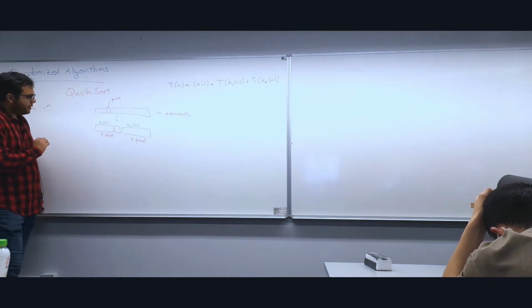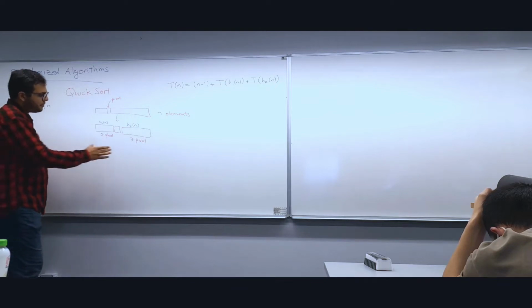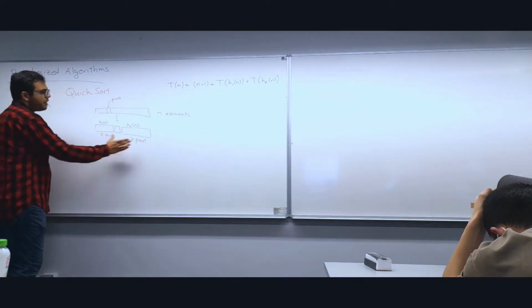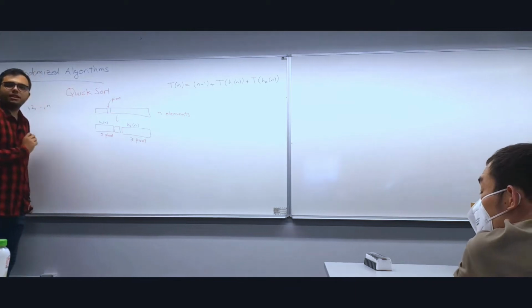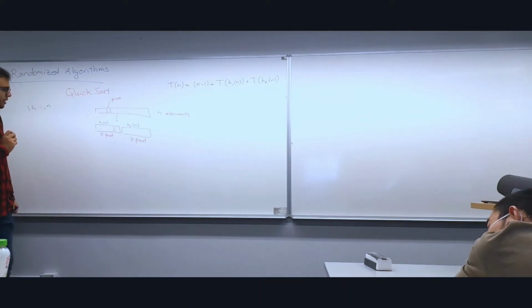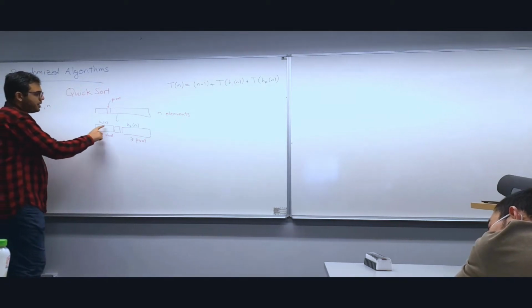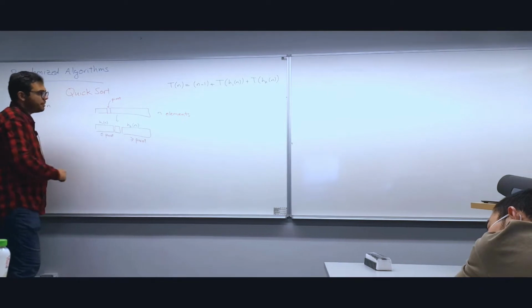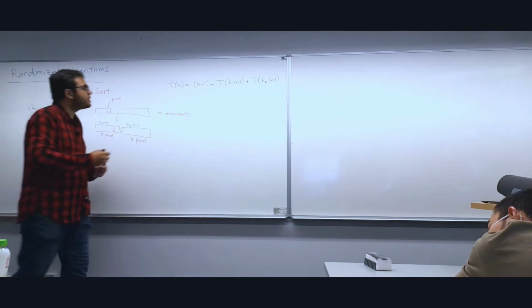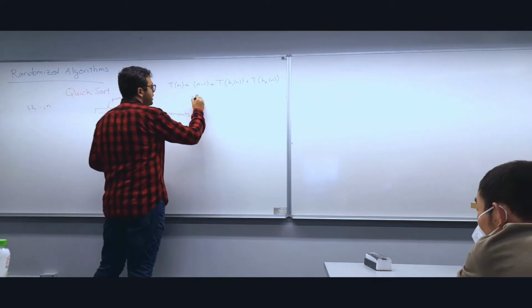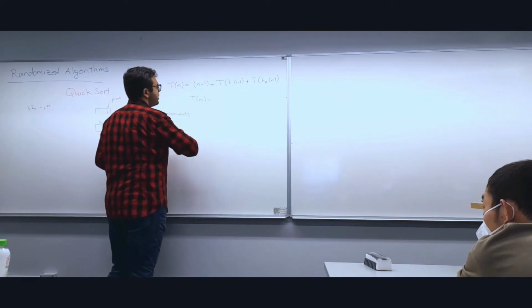So ideally, what I'd like to happen here is that I want each of these two parts to be roughly the same size. So I want to find the pivot so that H1 and H2 are almost the same. Because if I do that, then I can say T of n is what?